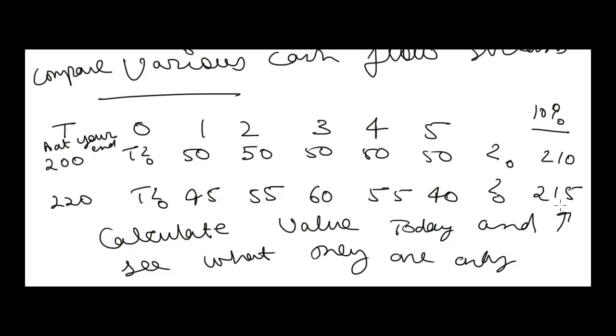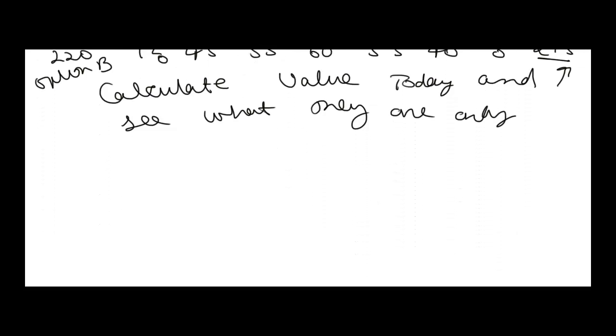Of course, you have to break this down, but here, if you deposit 200 in the bank, you will get the same instrument. So why pay 210 to him? So you will pick option B. In this way, you can calculate the value of money at your end and decide where to invest and where not to invest.